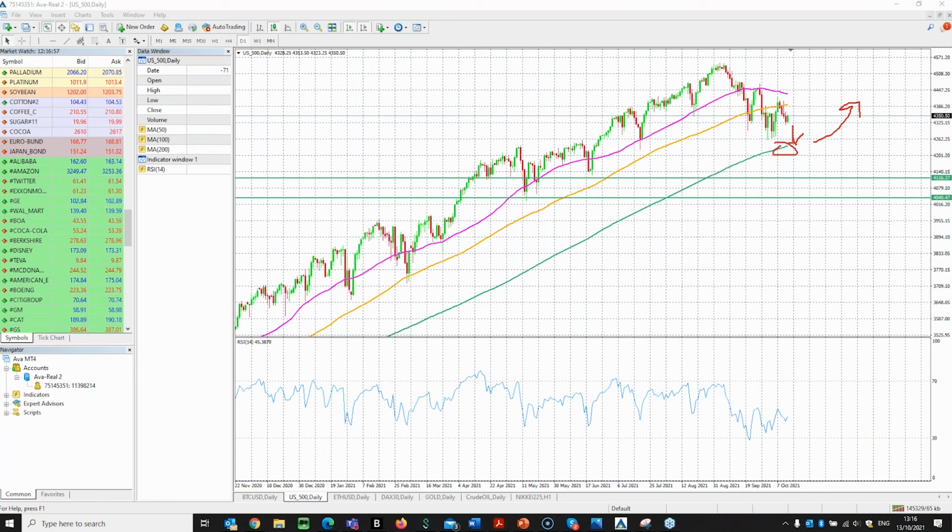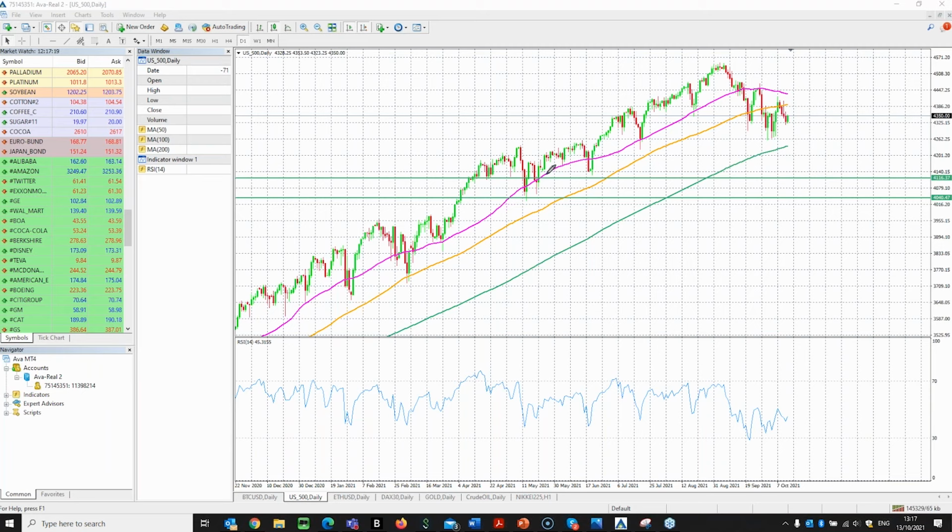However, if the price fails to stay above this 200-day simple moving average and breaks below it, that means the bears have taken control of the price, and the price is more likely to go to the downside. It can continue to move down until it reaches an important level of support.